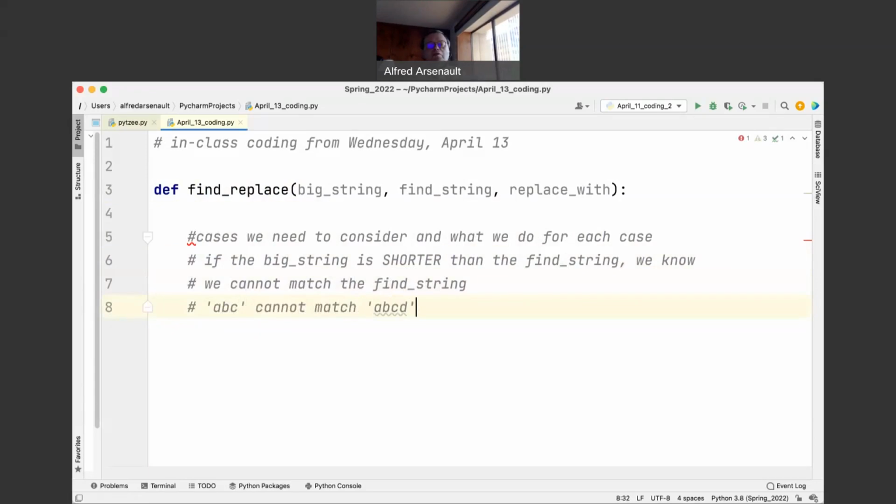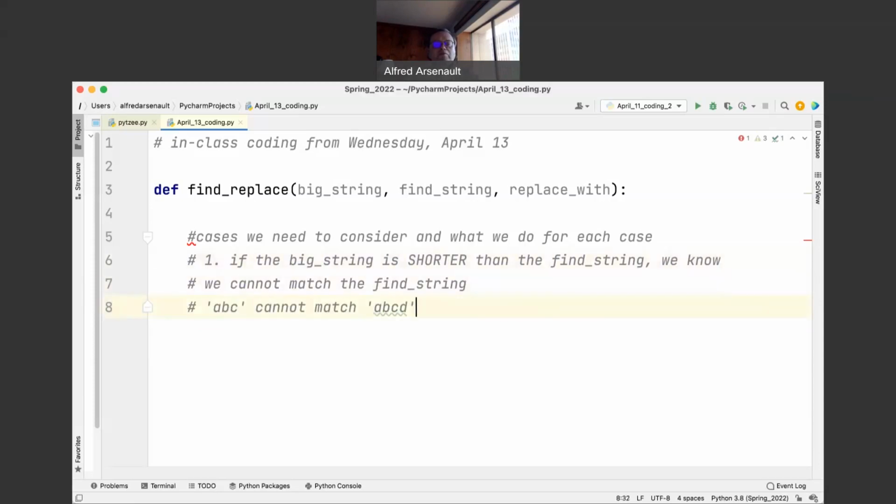Okay, you can't match. So the first case is simply you need to address what to do if the big string is shorter than the find string. Okay, so you're going to write code that considers the big string is shorter than the find string. How do we tell if it's shorter? We use length, right?